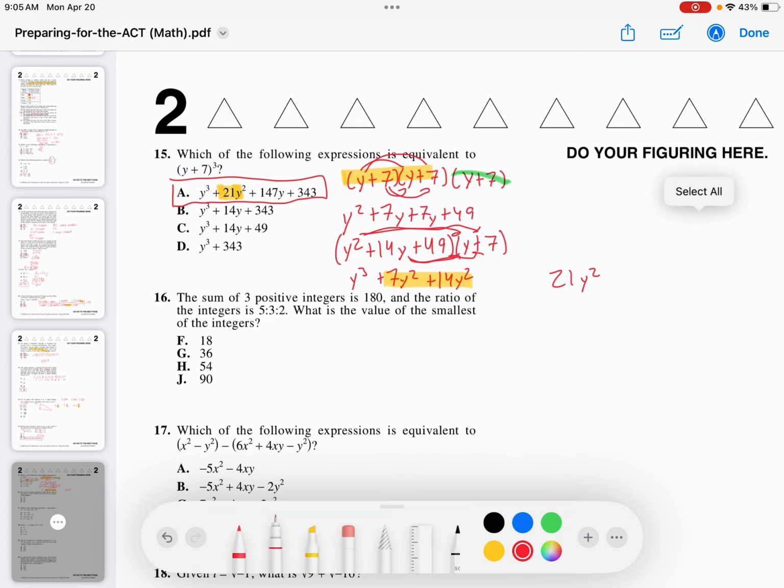Number 16. The sum of 3 positive integers is 180. The ratio is 5 to 3 to 2. What is the value of the smallest of the integers? Okay, so let's kind of go through them. If it was 18, then if there's 2 to make 18, then 1 is 9, so 3 nines is 27, 5 nines is 45. Those I don't think will add up to 180. Those add up to 90.